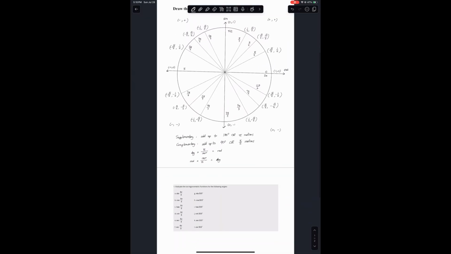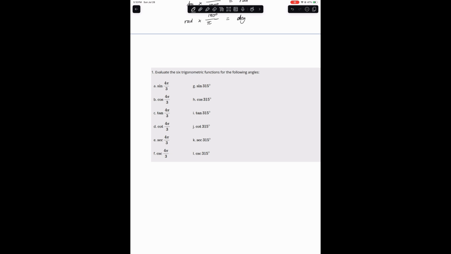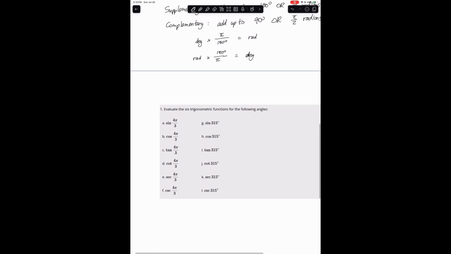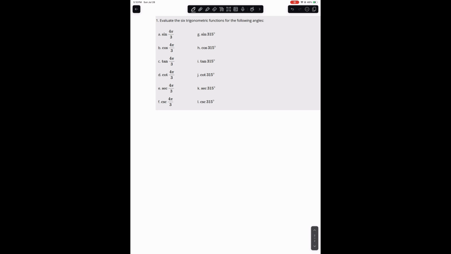Right. So with this being drawn, we can do the next question. Question 1 has us evaluate the 6 trig functions for the following angles. Okay. So, for 4 pi over 3, for the reference angle, we want the smallest angle to the x-axis, right?